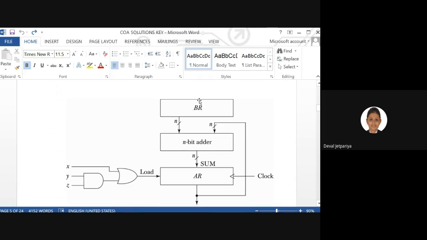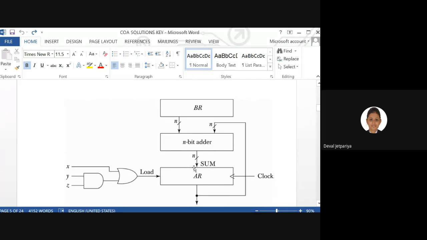See, the content of BR we are transferring to the header. Same way the content of AR we are transferring like this to the header. Okay, that is fine. You had drawn this diagram as per your knowledge, but it must work like this. You can verify your diagram. Same way, whatever you are getting in this n bit adder, that again you are passing, the summation of AR to BR in this AR.